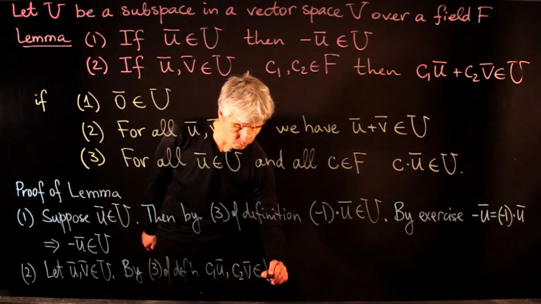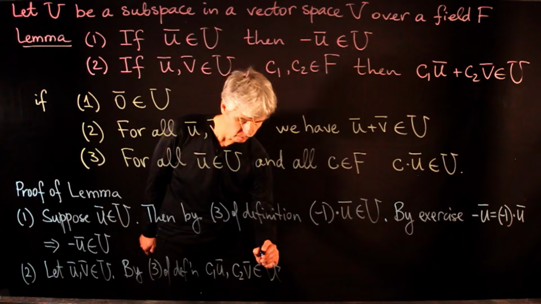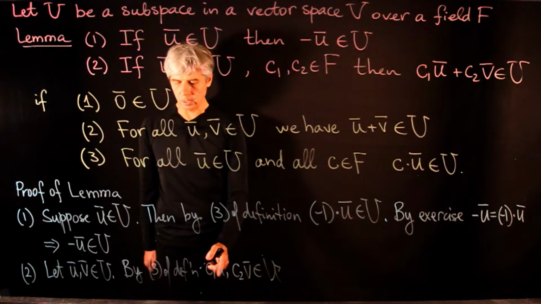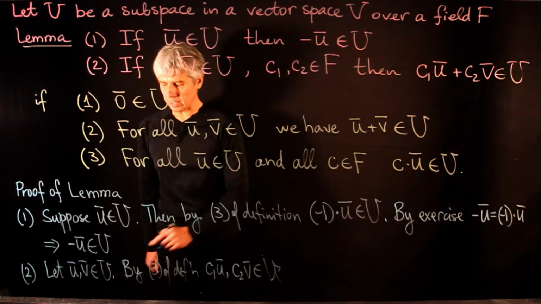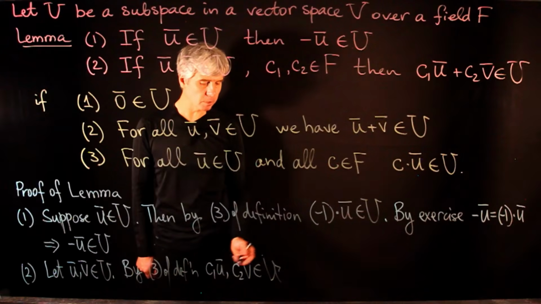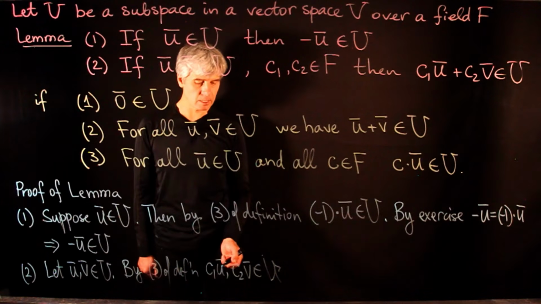So these 2 vectors will be in U. Right. So if we have 2 vectors in U, then their scalar multiples will be in the subspace U as well.